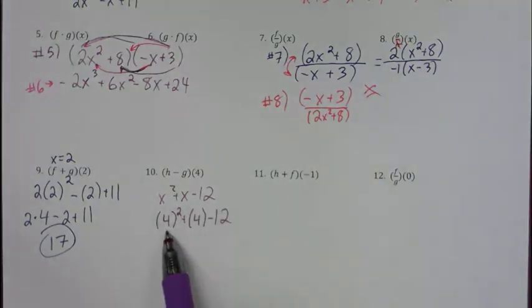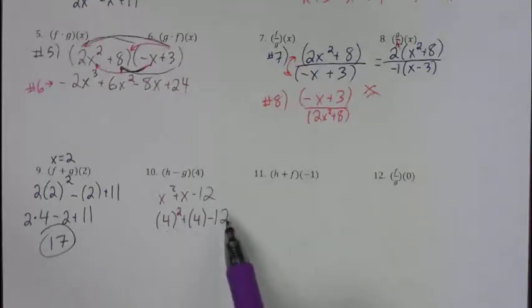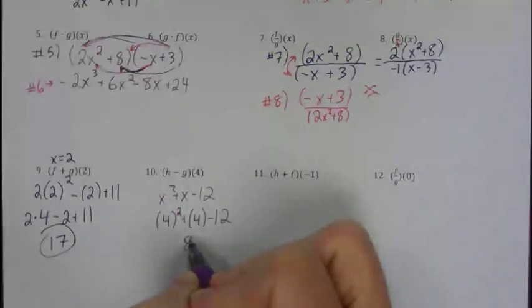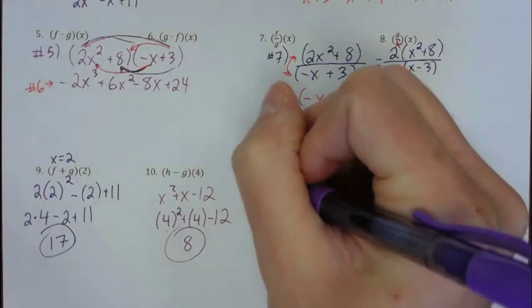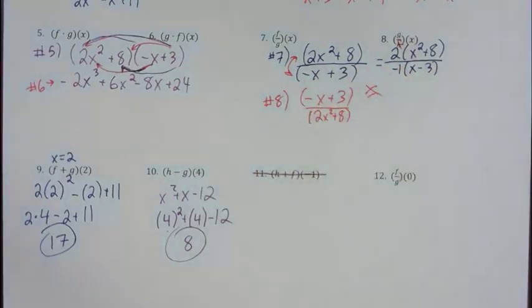So I have 16 plus 4 is 20. 20 minus 12 would be equal to 8. We're going to skip 11 for now, since that's basically the same as number 9.